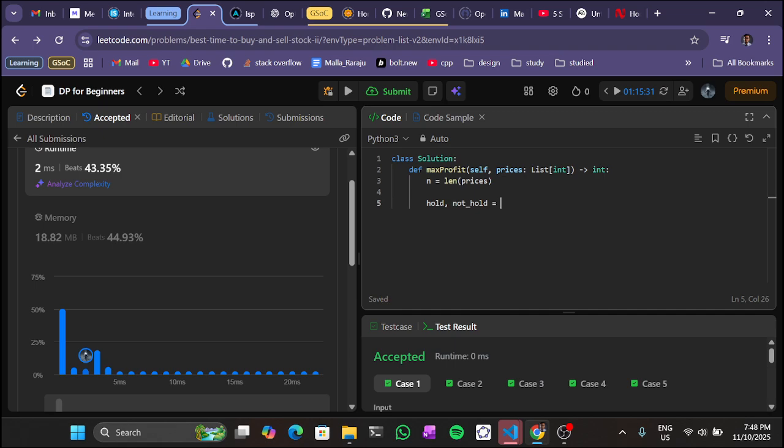If you hold the stock, then you have to buy it. If you are not holding the stock, then you have zero profit. Now we go for i in range, since we are starting from 1.